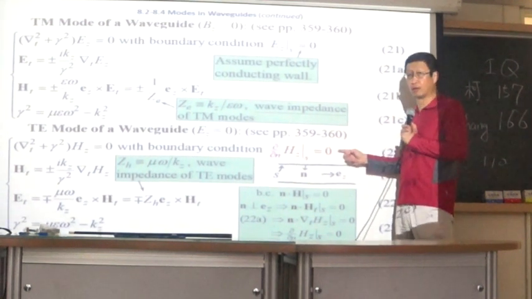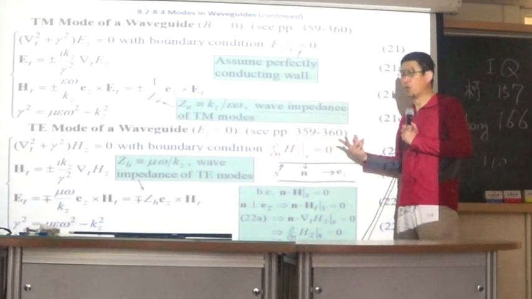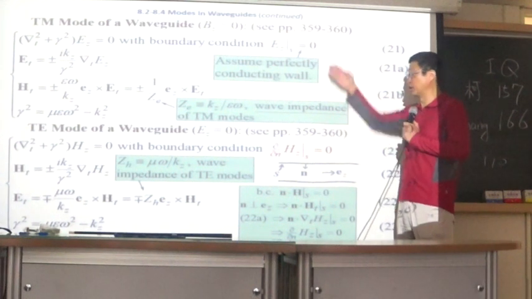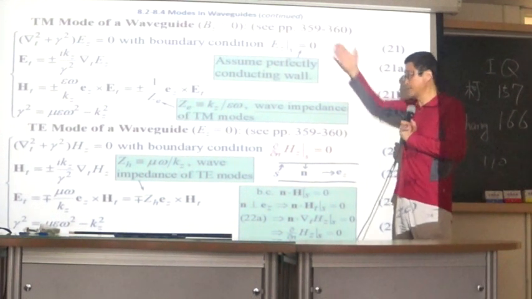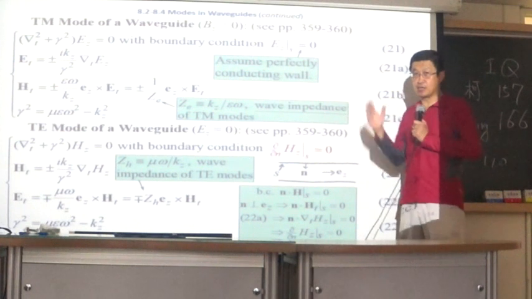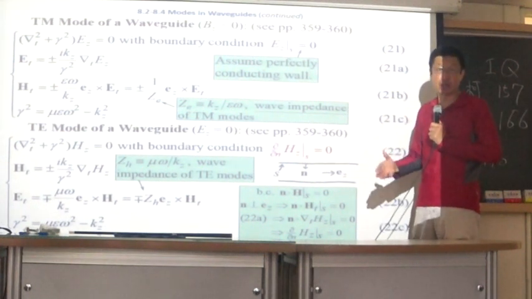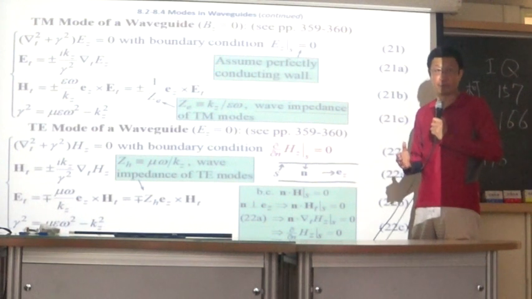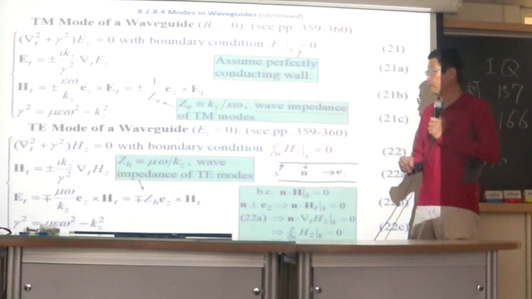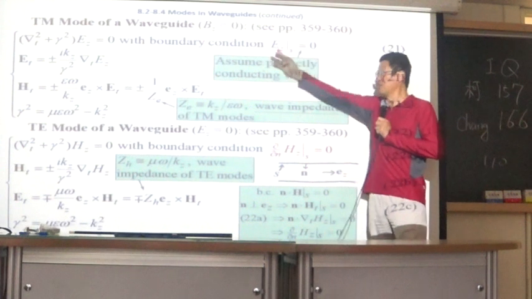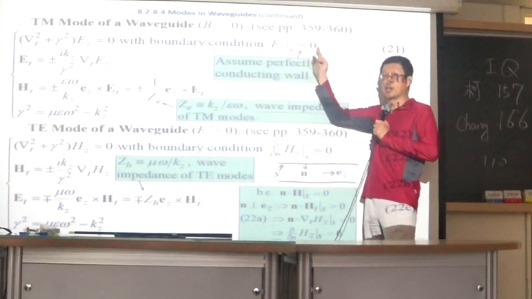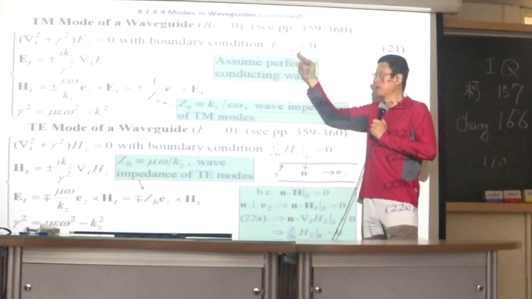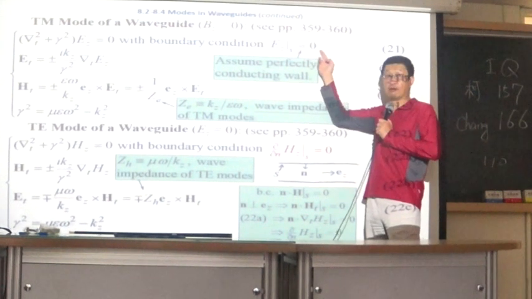Why do we use different boundary conditions? That's because you can use exactly the same boundary conditions, and the result will be the same. But for our convenience, we prefer to use EZ because we know EZ will be 0.